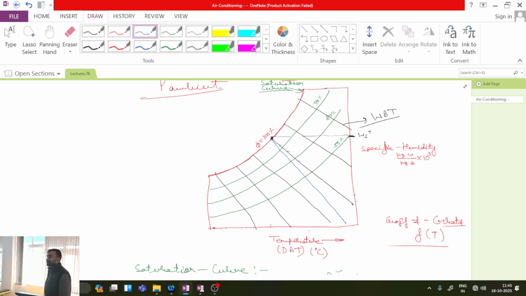Is this point clear or not? If you consider this point to be HS star, then your enthalpy value will keep on decreasing. All are clear with this point?